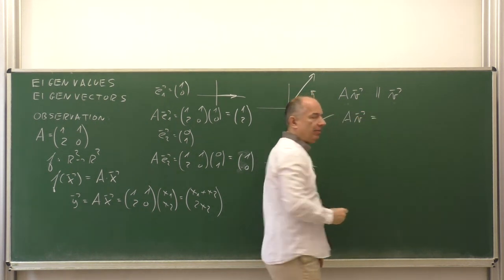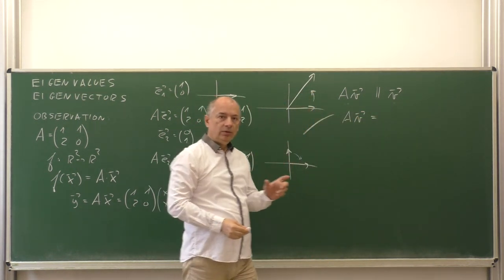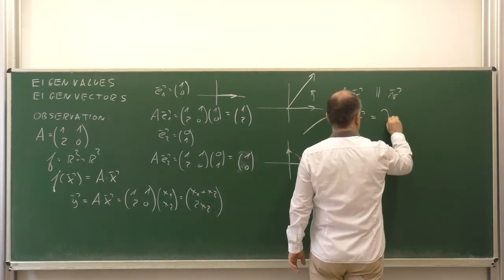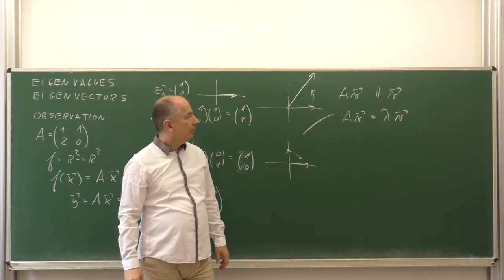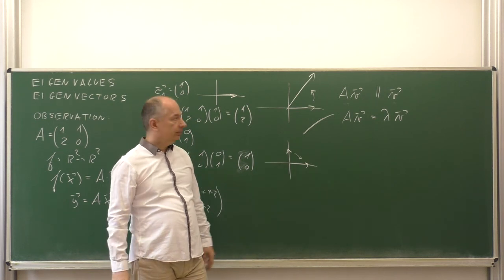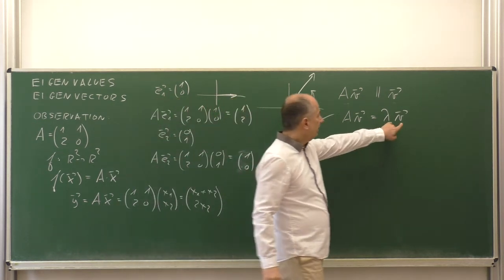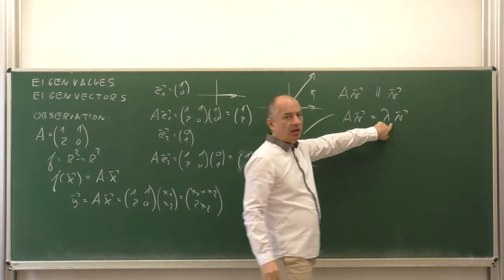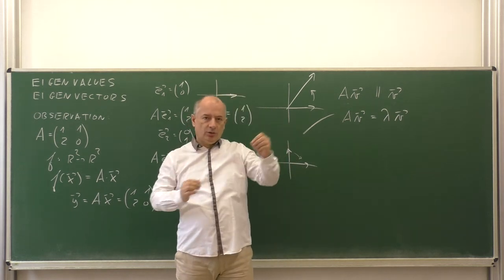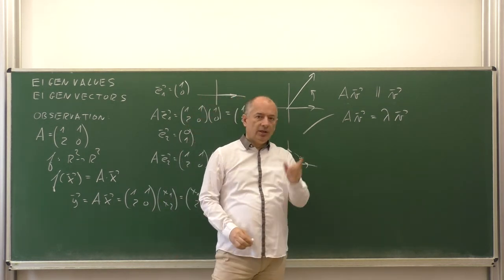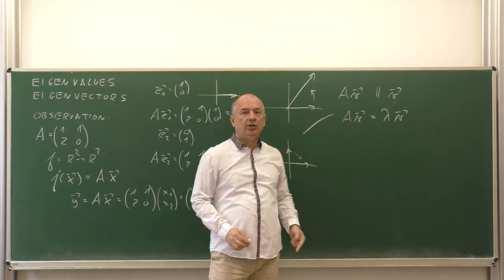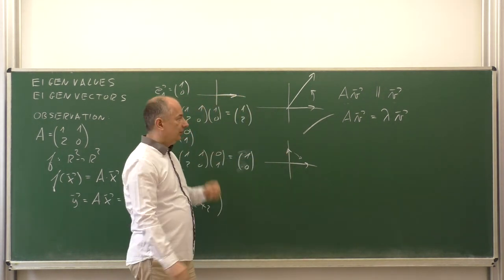That means they must be either equal or one of them is a multiple of the other. Lambda is some number, some scalar, and taking a vector v arrow and multiplying by a scalar, we may prolong or shorten the vector, but it stays in the same line. If lambda is negative, it goes to the other orientation, but in the same line, and that's important.